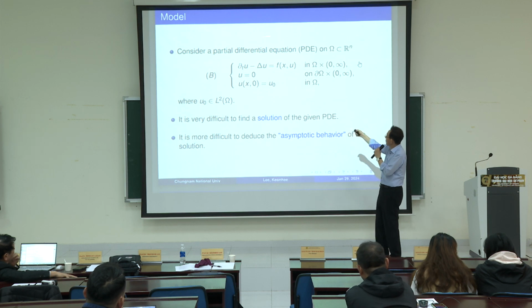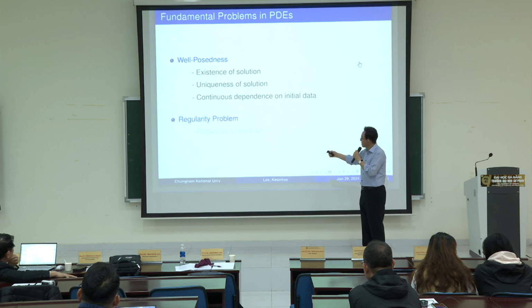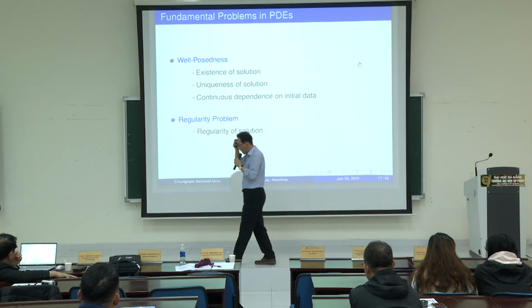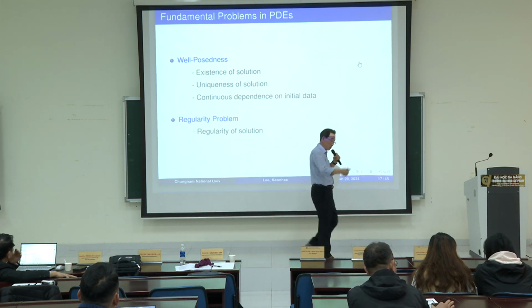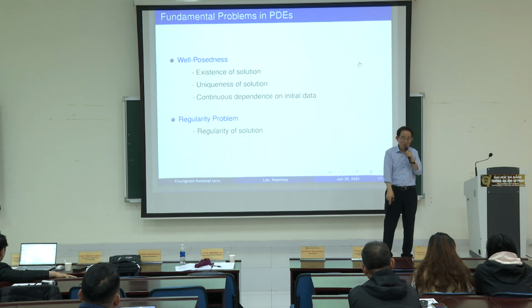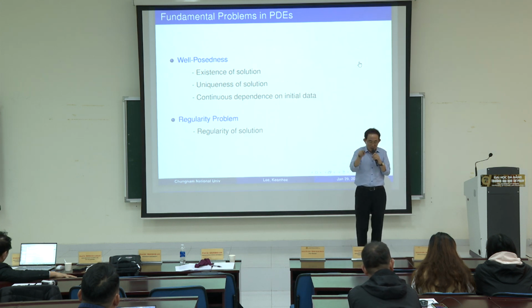Existence and uniqueness are the fundamental problems in PDE, namely well-posedness. Some people work hard on well-posedness in PDE. All their lives, they are concerned about when a solution exists. Which equation has a solution? Sometimes, when the solution is unique.